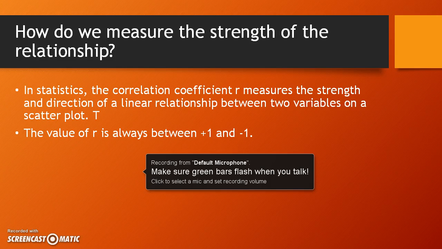The values are usually between +1 and -1. +1 means that there is a perfect positive correlation between both variables, and -1 means that there's a perfect negative correlation between the variables. So how does that look on a scatter plot?